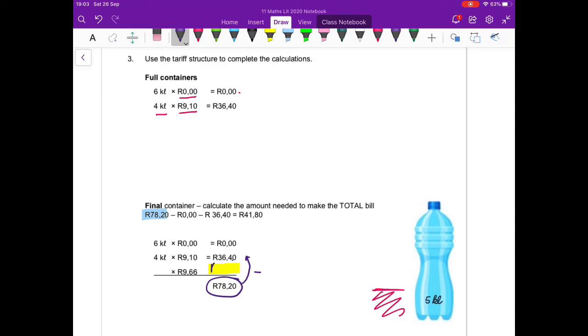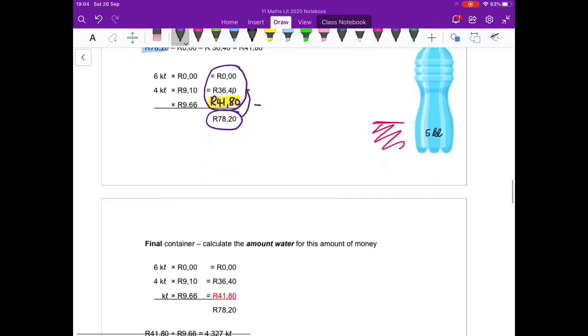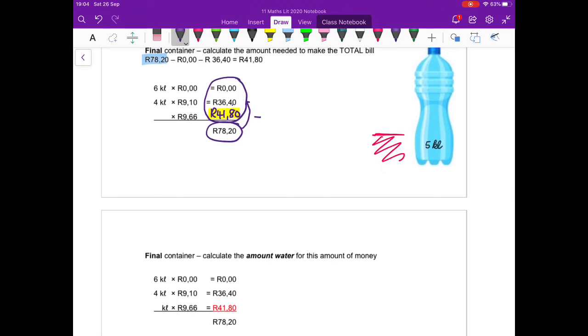So my missing value here is 41 Rand 80 because I subtracted from 78.20. And now if I add these together, I will get 78 Rand 20. So I now have a value of 41 Rand 80.